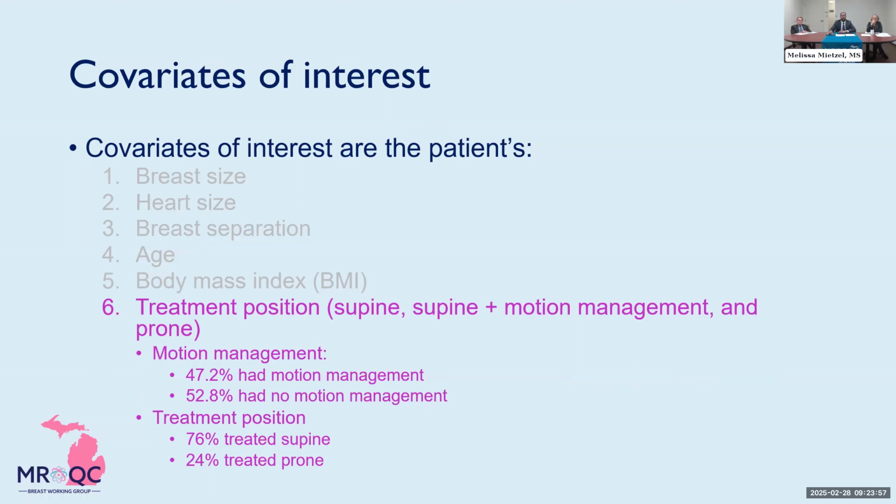The patient split for motion management was about half and half: 47% had motion management and about 53% had no motion management. For treatment positions, 76% were treated supine and 24% were treated prone.